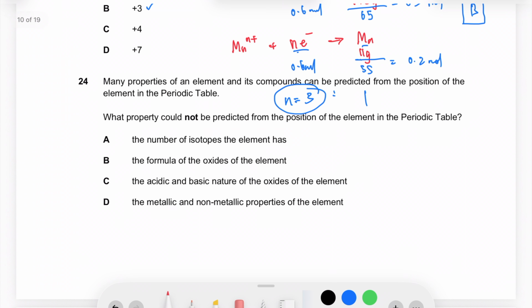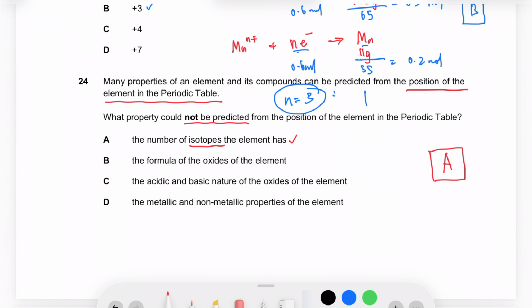Continue. Question 24. Many properties of an element or compound can be predicted from the position of the element in the periodic table. Which one could not be predicted just from the position? Answer will be A. Because the number of isotopes, there's no way you can tell just by looking at its position in a periodic table.